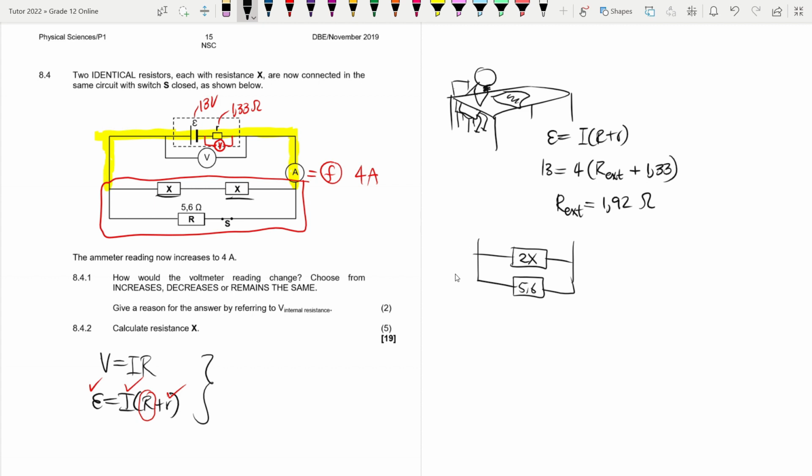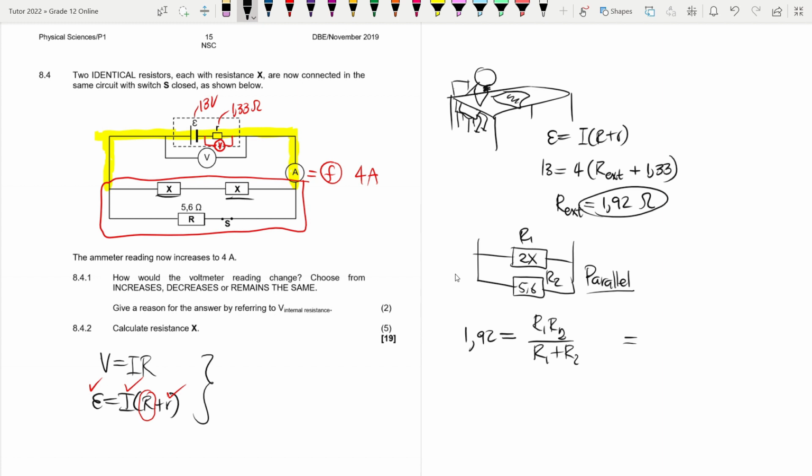So now we know that these two, which are in parallel, should give us this value. So we say 1.92 is given by, I'll call this R1 and R2 for now, two resistors, and at this point I think you know that you can say R1 times R2 over R1 plus R2.